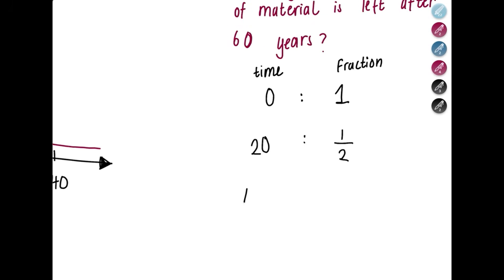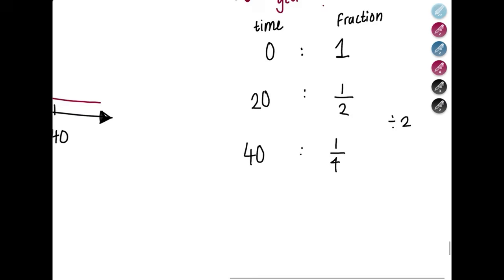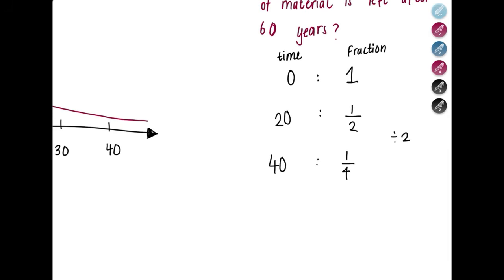After 40 years, it became half again. So half divided by 2 is 1/4 of the original sample. After 60, another half-life, so 40 plus 20 is 60, it's going to be 1/4 divided by 2. It becomes 1/8. So after 60 years, that is after 1, 2, 3 half-lives, you are left with 1/8 of the original material.